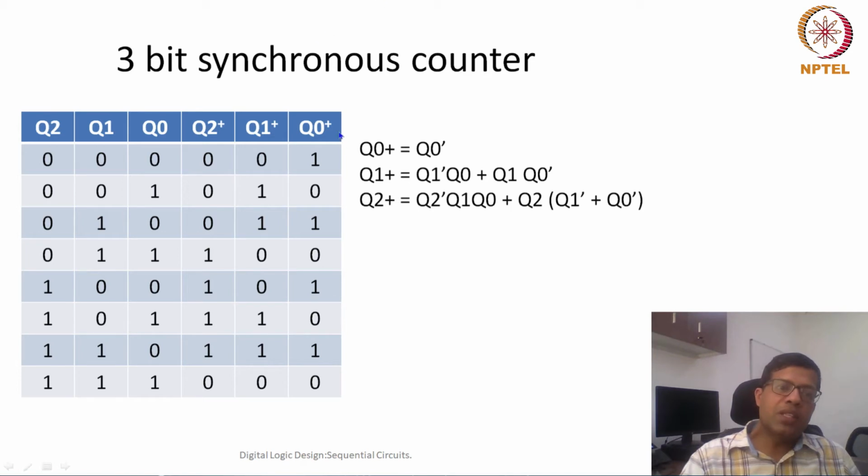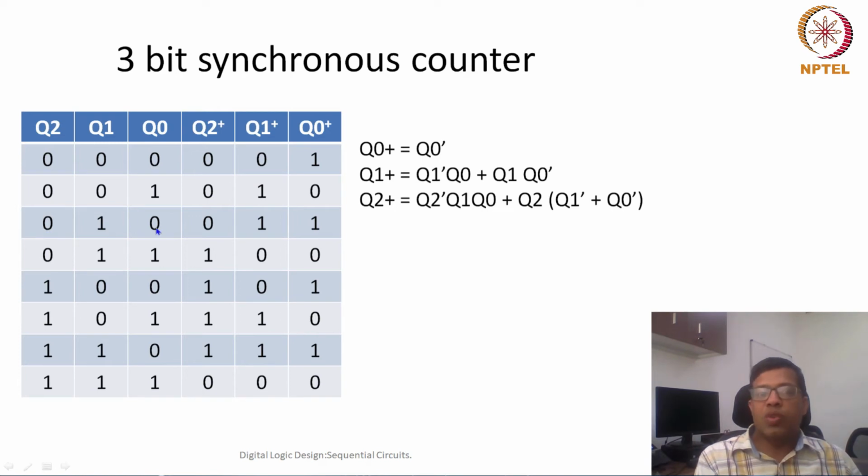In a 3-bit synchronous counter, if my present state is 000, then what is the next state? Next state means after the positive edge of the clock, the next state should become 001. Similarly, if the present state is 001, the next state after the clock edge should become 010.